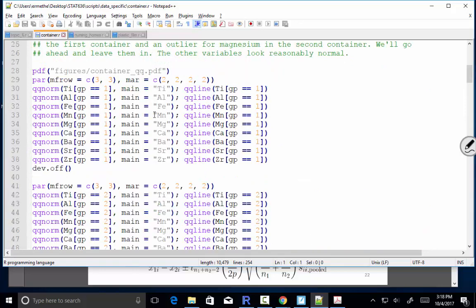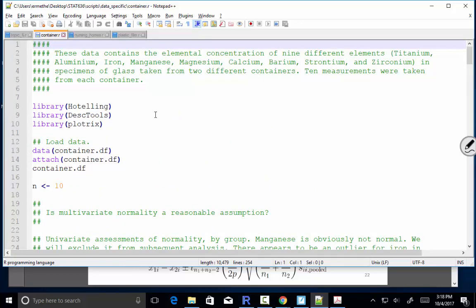So let me just walk through this script. We've seen at least the first of the script. These are elemental concentrations of 9 different elements in these shipping containers. We actually have 2 different types of shipping containers, and we have a sample size of 10 for each container type.